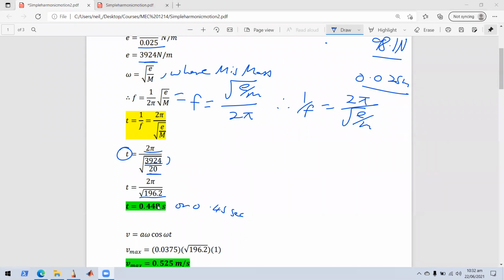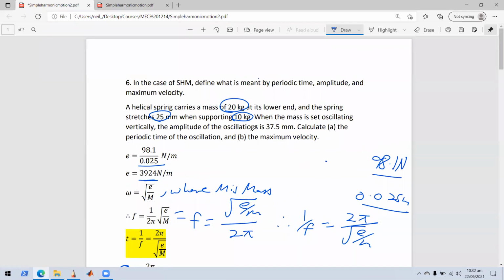John, you can go ahead. Yeah, sorry, just one thing again for the 20. How exactly do you get 20? So, yeah, 20 comes from the helical spring carrying a mass of 20 kg, right?